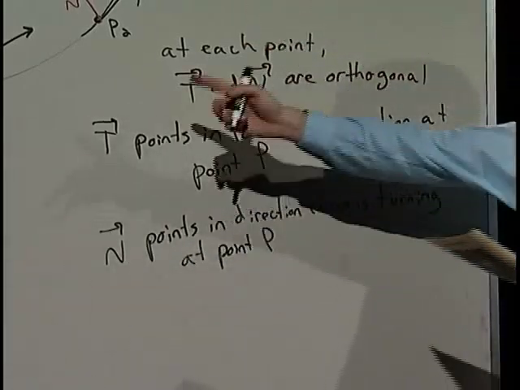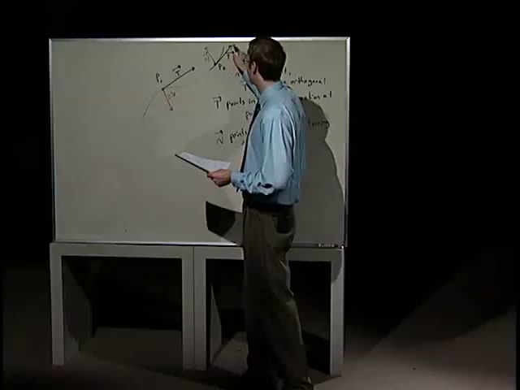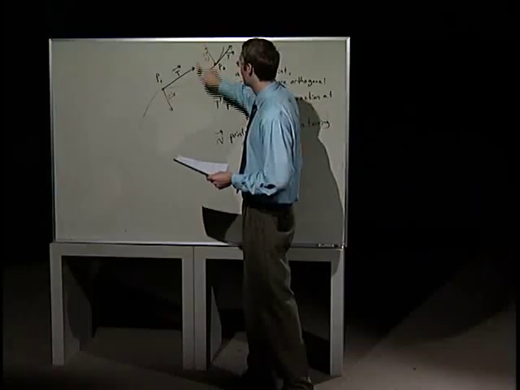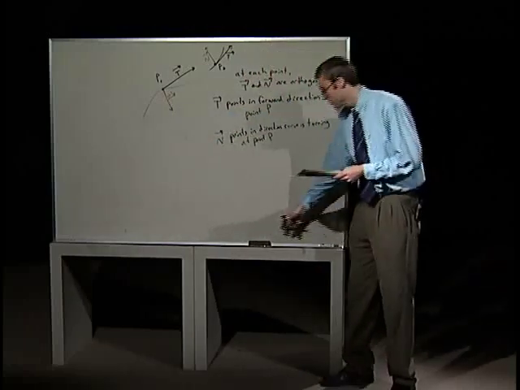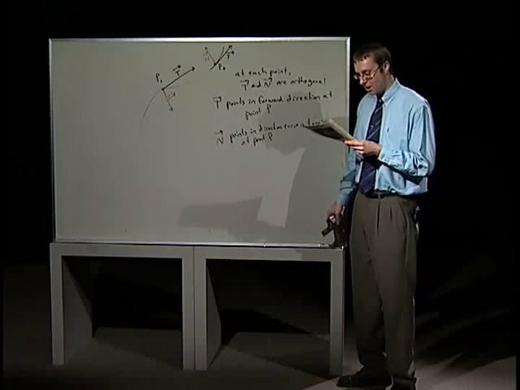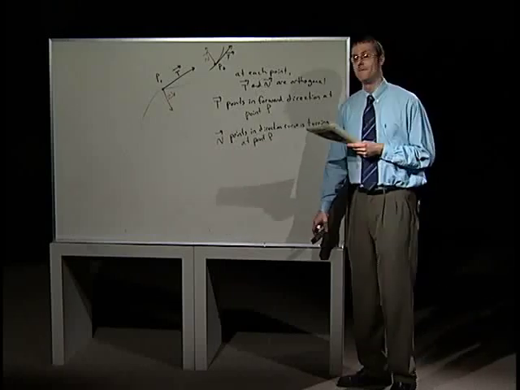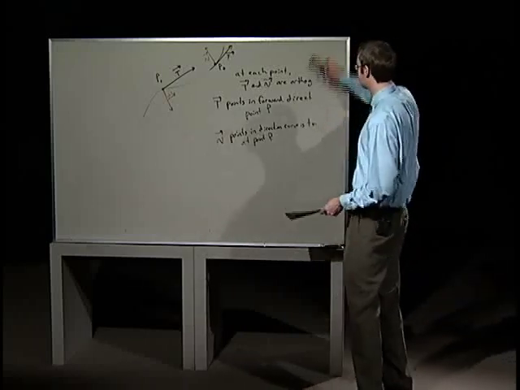So T points in the forward direction, moving with the curve, and N points in the direction it's turning. Okay? Look at an example here. There's the picture. Let's try to find curvature and N for a nice helical space curve.